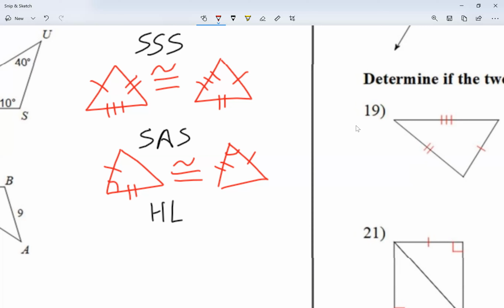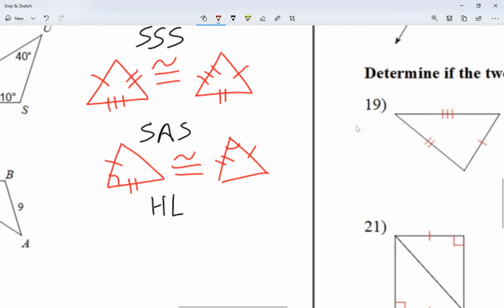Now there is a third rule that we call hypotenuse leg. Hypotenuse, I've heard that word before. Hypotenuse happens when I have a right triangle. So for this, I need to have a right triangle.